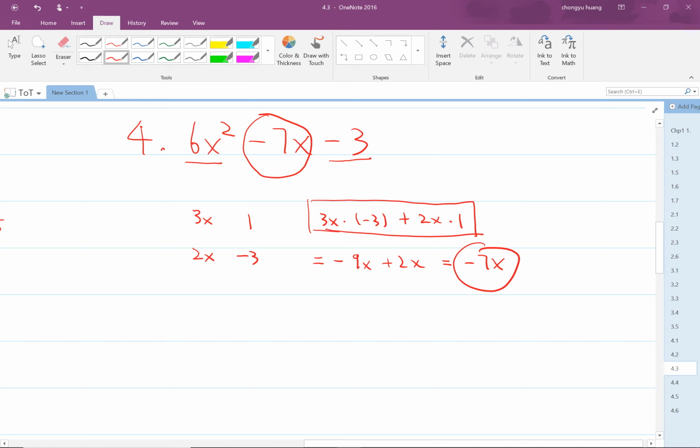You have to think about the order and also the numbers you choose. Here, why did we get it right? Because we chose 1 and negative 3. We're also choosing the right x. Here it should be 3x and 2x. Otherwise, you will get the wrong answer.